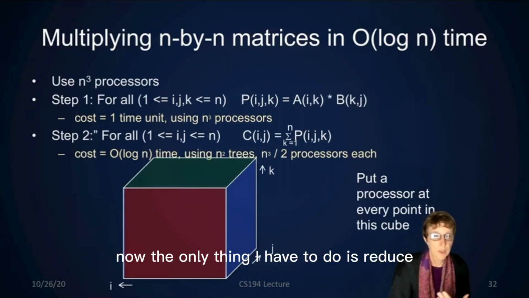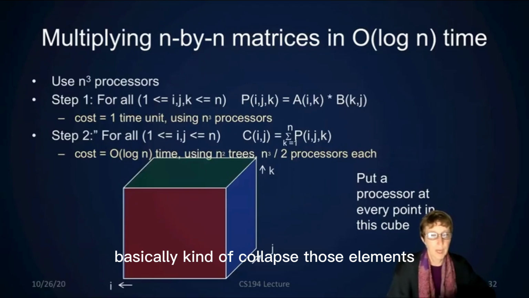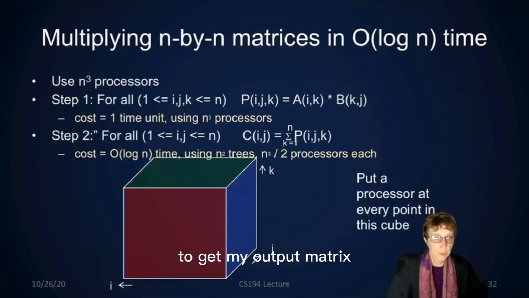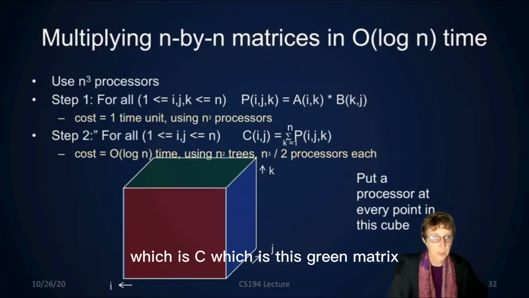Now the only thing I have to do is reduce, basically kind of collapse those elements top to bottom to get my output matrix, which is C, which is this green matrix.